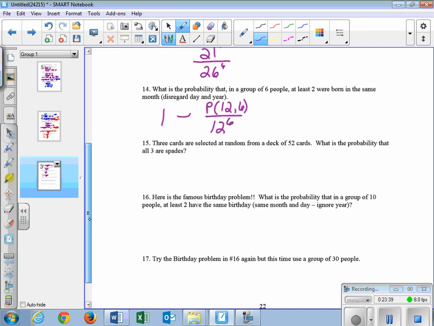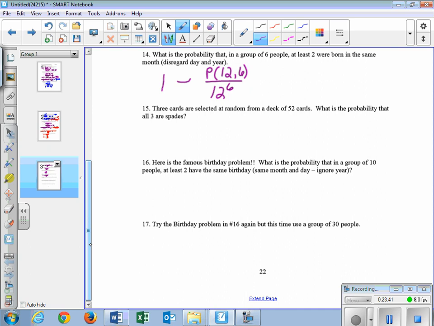Okay, now I'm going to skip down to the birthday problem because these are really fun. Number 16, here's the famous birthday problem. What is the probability that in a group of 10 people, at least 2 have the same birthday? And again, I'm going to do the same thing. 1 minus everybody assigned a separate birthday. There are 365 days in a year, so I'm going to raise it to the 10th power because I have a group of 10.